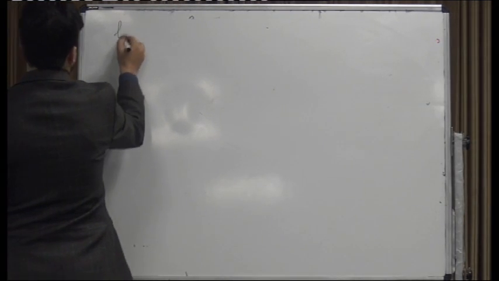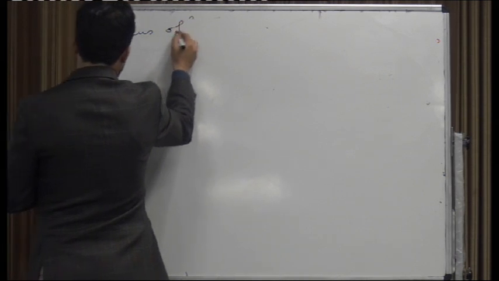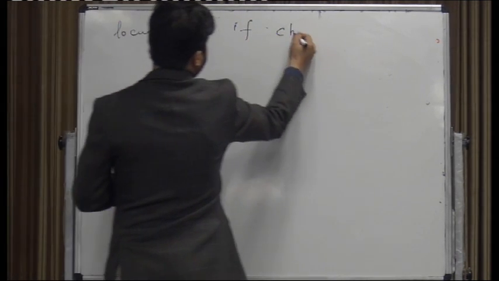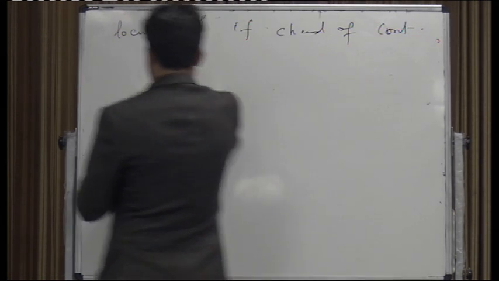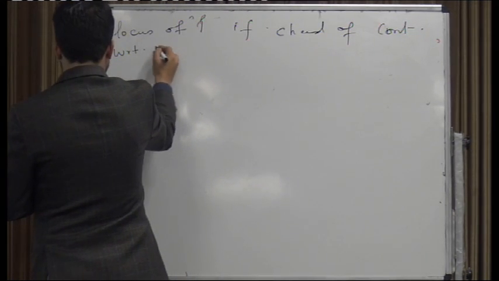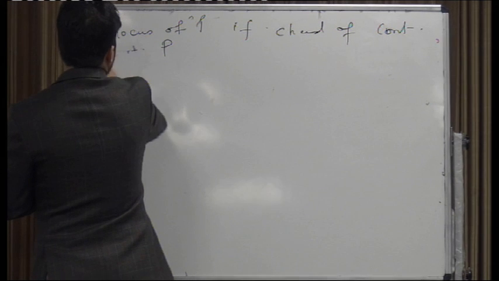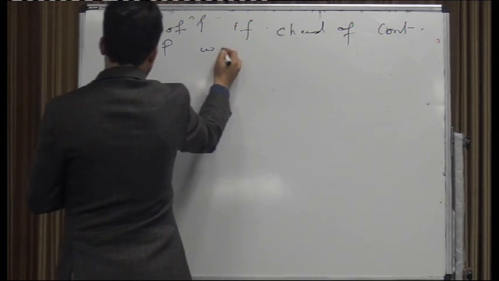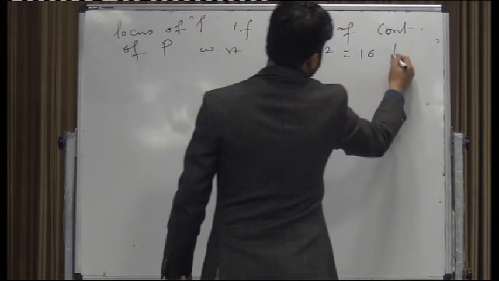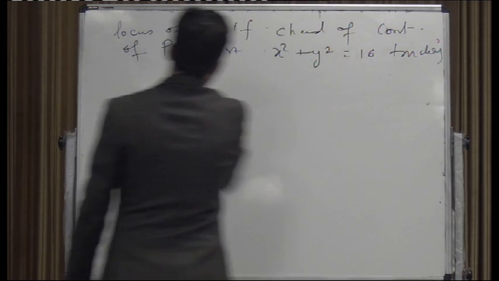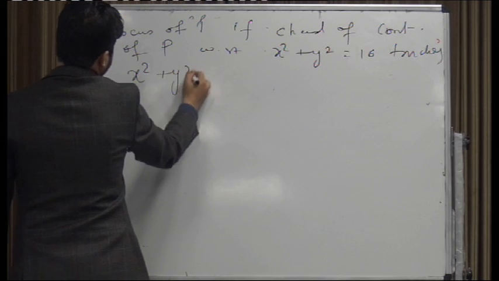Now let's say the question is: find the locus of P if the chord of contact of P with respect to x square plus y square is equal to 16 touches x square plus y square is equal to 1.